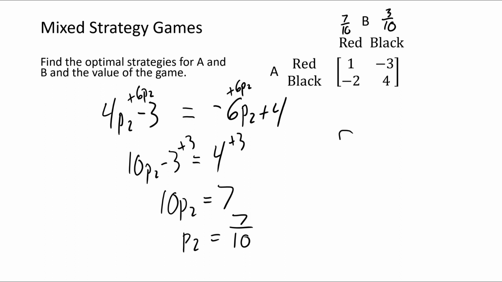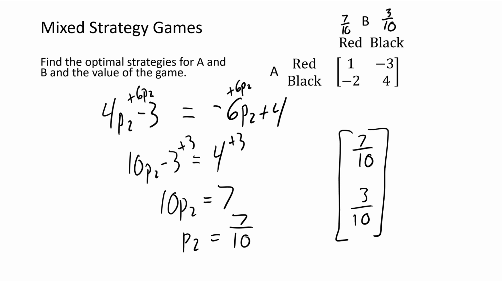So B's optimal strategy is play the red card 7/10 of the time, the black card 3/10 of the time. All right, so what that means is if player B was going to play the game 10 times, they would randomly select 7 of those times to play a red card, 3 of those times to play a black card.